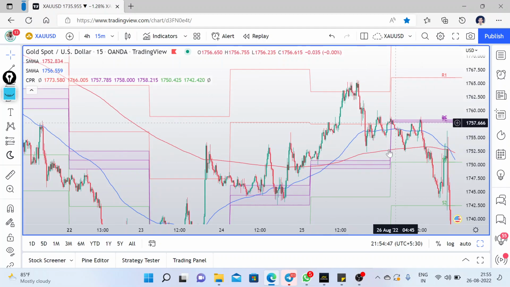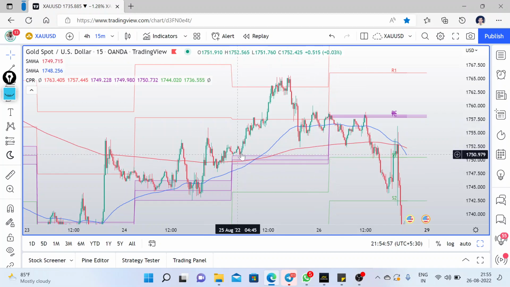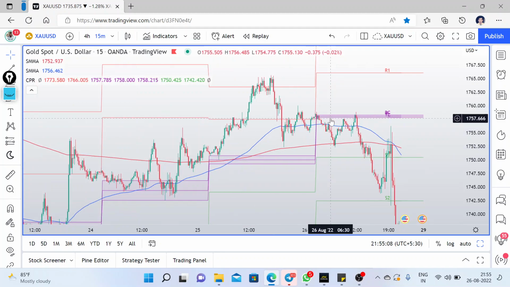And if we talk about today's case, you have to keep another point in mind. If the open is above CPR, then only think about the buy if there is a crossover on the buy side, because today's trading session is totally driven by the news and the fundamental side.